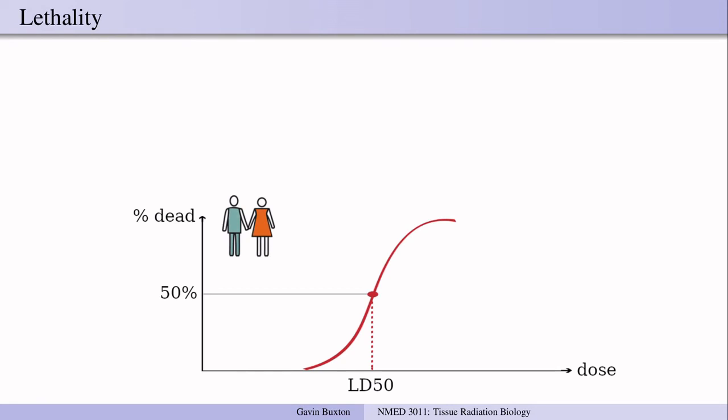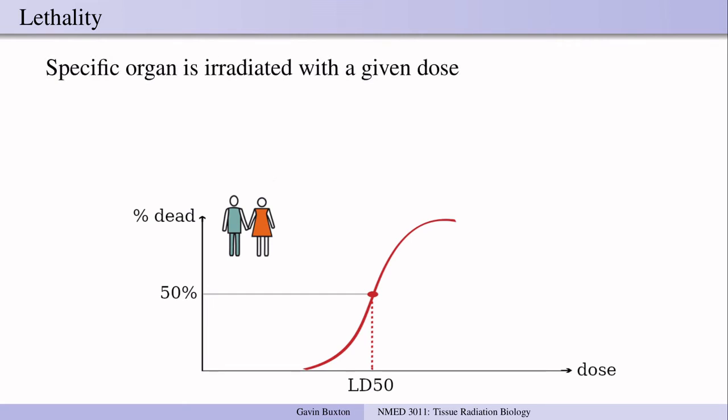Another assay would be just the basic lethality, right? So functional assays, especially in late responding tissues, are used to compare tissue responses to radiation based upon the loss of function in the given tissue, right? How the cell is no longer able to do what it's doing, perhaps put it dead.